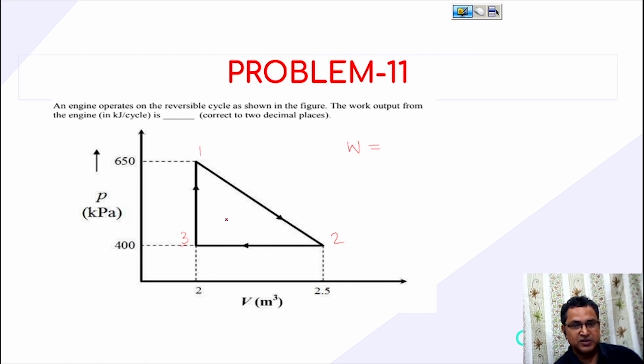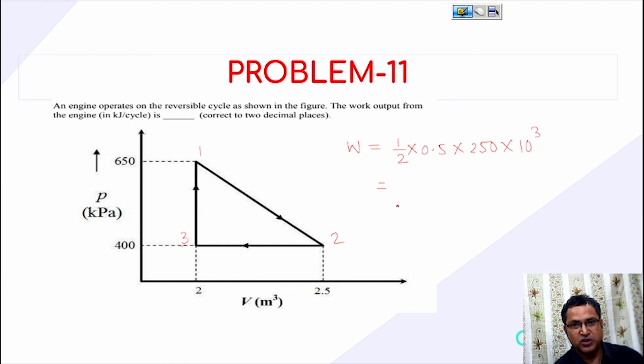Net work output is, what is the area of this triangle? Half into base. What is the base? 2.5 minus 2, that is 0.5 meter cube, into height. What is the height? 650 minus 400, that is 250 kilopascal, that is 10 raised to the power 3. And since it is a clockwise rotation, the work done will be positive.